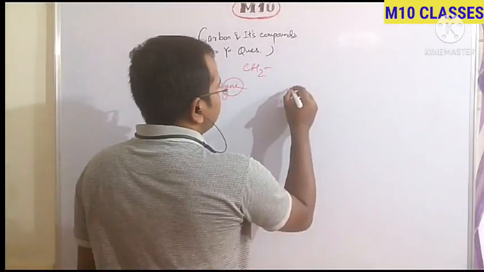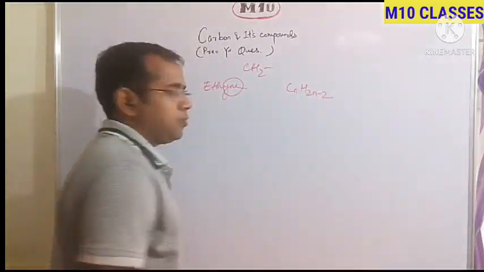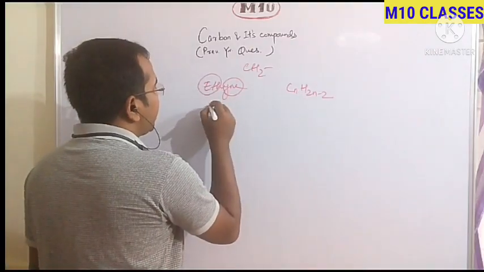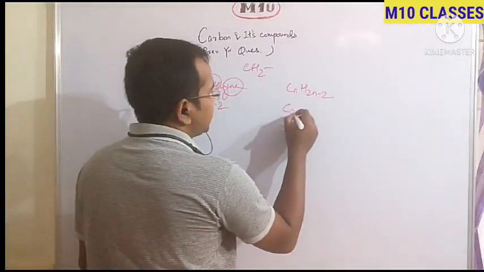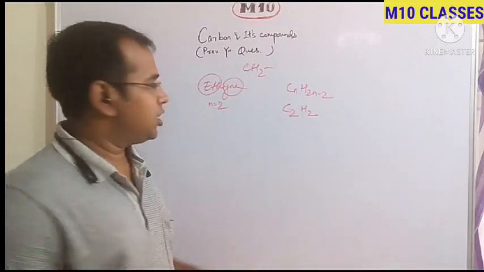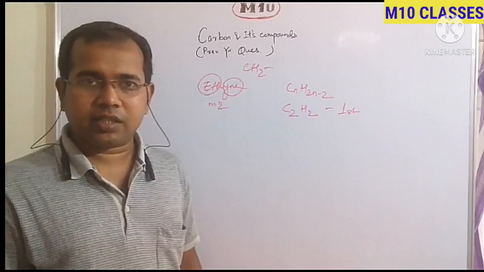For alkynes, the general formula is CnH2n minus 2, and here n, the number of carbons, is 2. If you put it here, you will get C2H2. So this is the first member of the homologous series.